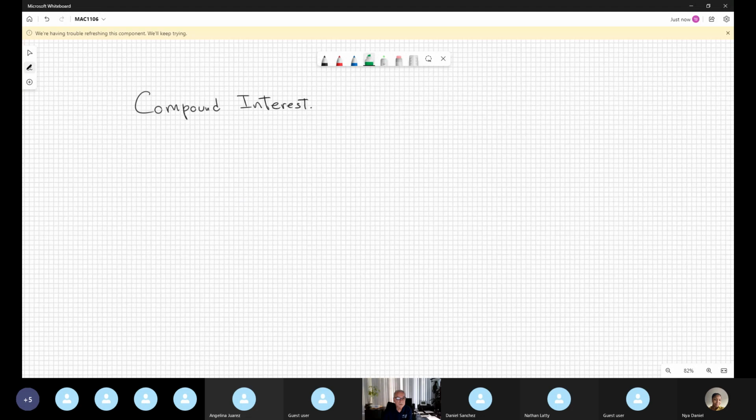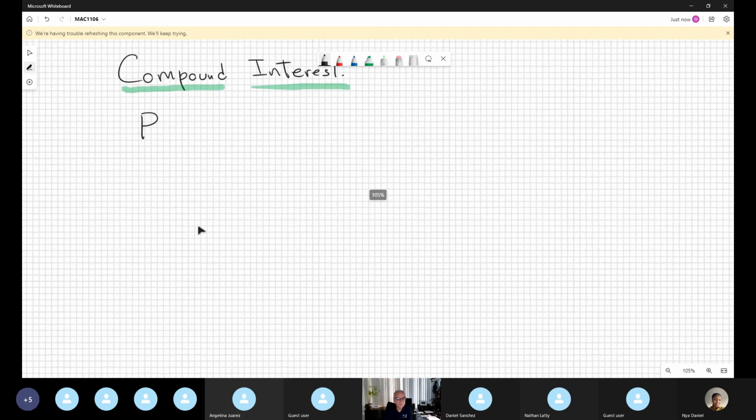Compound interest. What is the idea in this? You have money, initial money now, I want to call P. P is the present value. It's the money that you have right now.